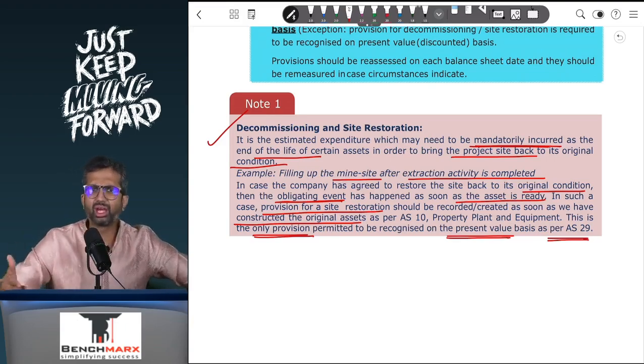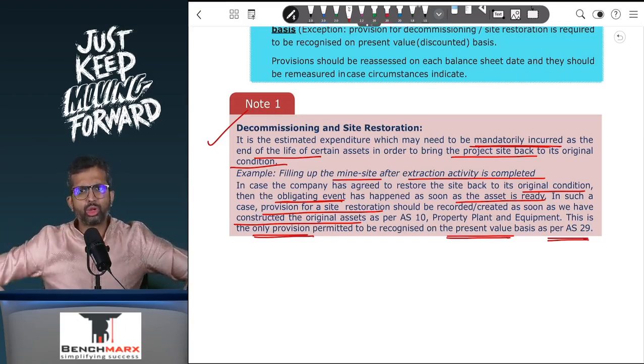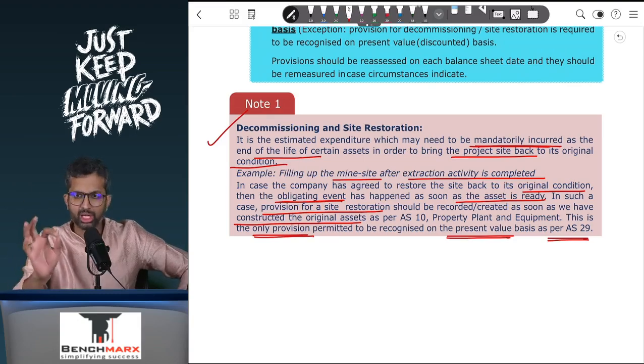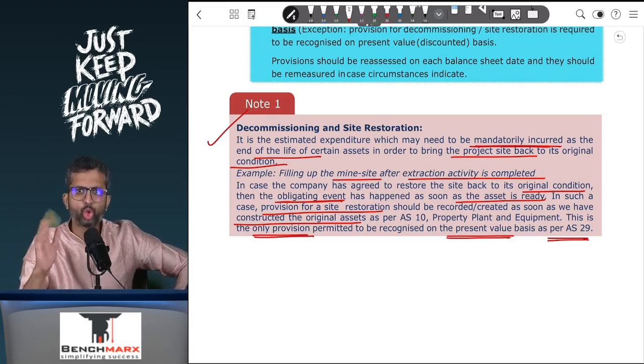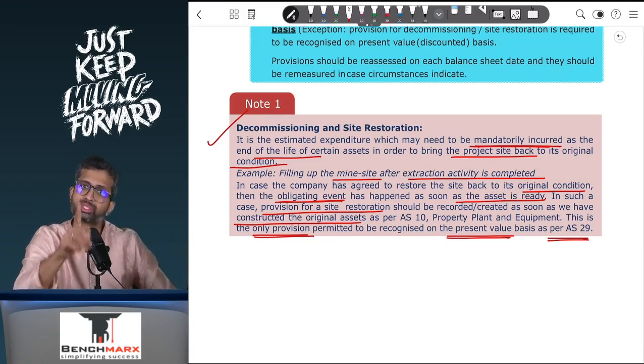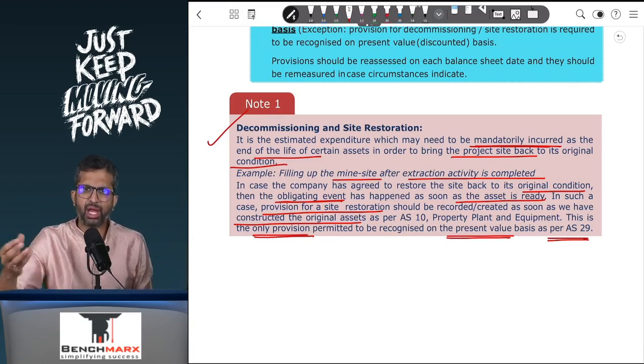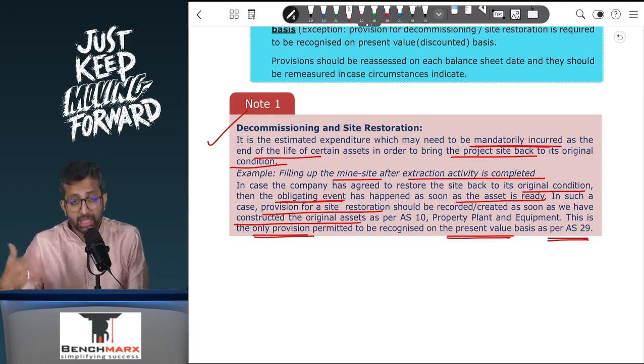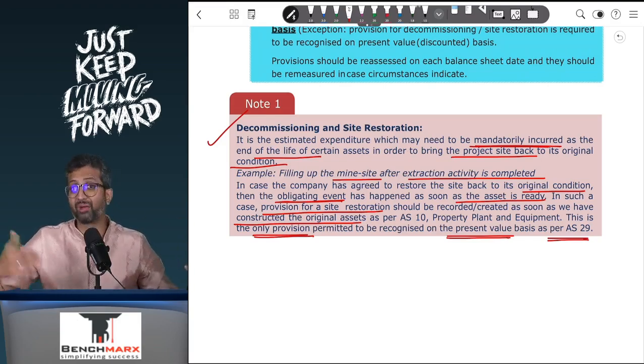Someone says, no, but site restoration also you have to do after 5 years only. Okay, however, if you decide after 1 day or 5 days that you don't want to continue, will you still have to dismantle? Yes. But if after 5 days you decide you don't want to operate the ship or aircraft, will you have to repair or overhaul? No. So the obligation arises in that repair or overhaul example after 5 years.